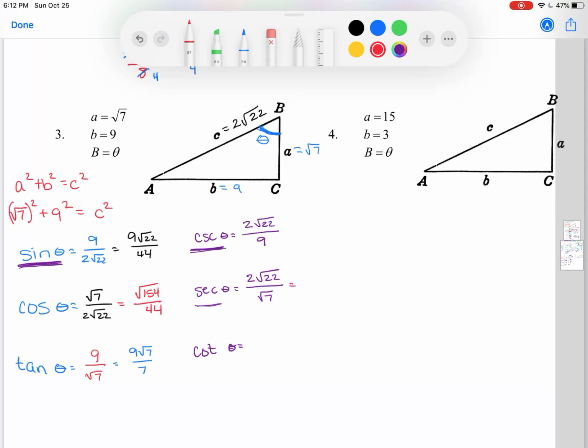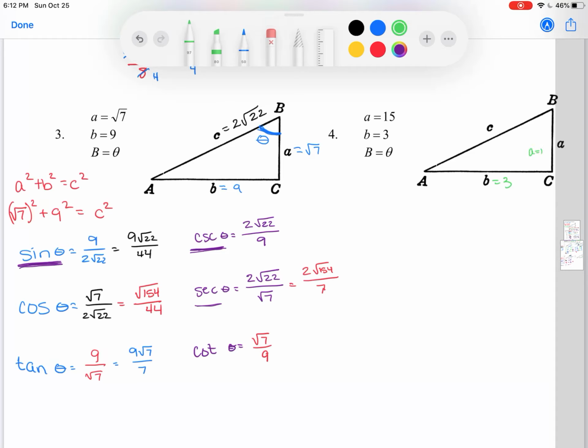Secant theta, I start with 2 square root of 22 divided by the square root of 7. That one I can't keep because, again, I have a square root of 7 in the denominator. So I can multiply by the square root of 7 at top and bottom, and I get 2 square root of 154 divided by now a nice 7 down below. And cotangent, root 7 divided by 9.